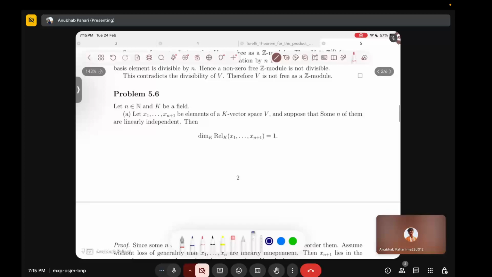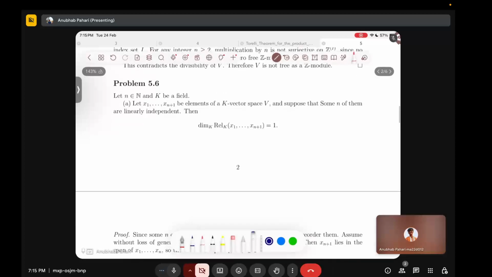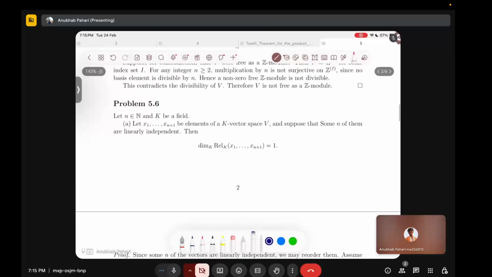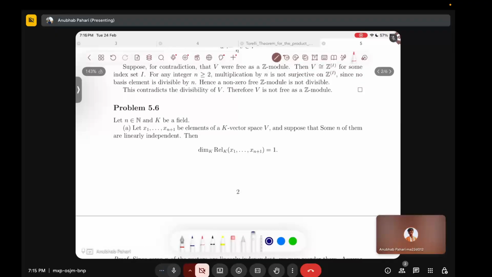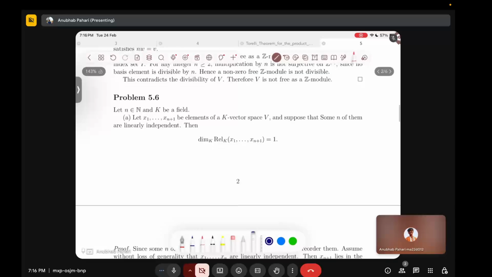Now we'll focus on the next problem that says: let n belong to the natural numbers and K be a field, and let x1 to x_{n+1} be elements of a K vector space V, and suppose that some n of them are linearly independent.